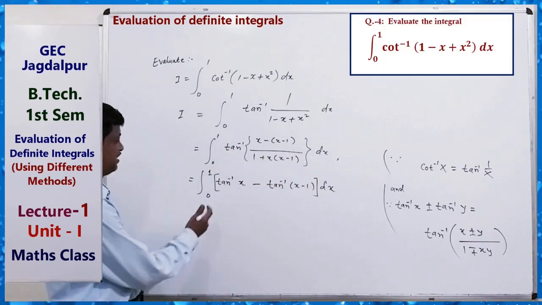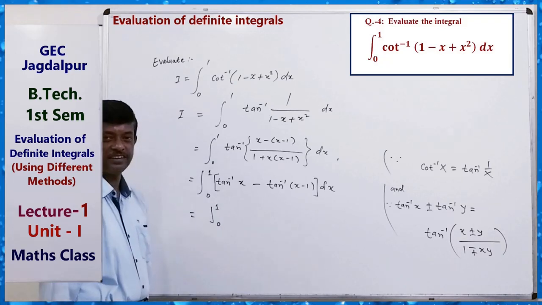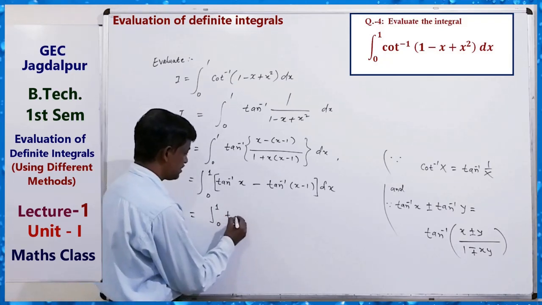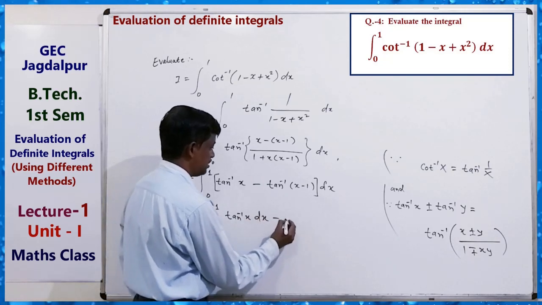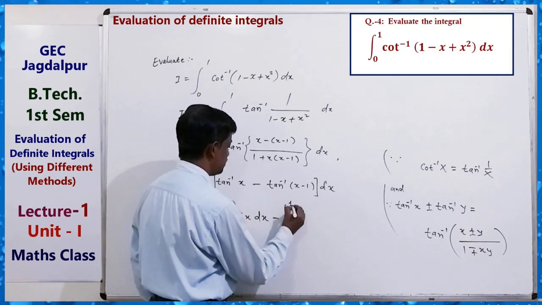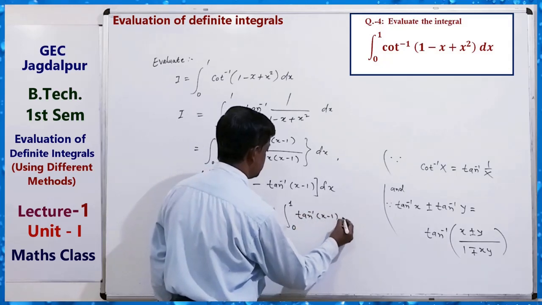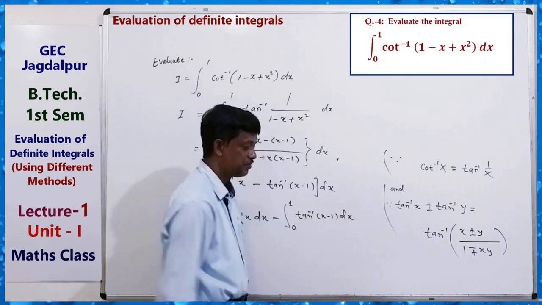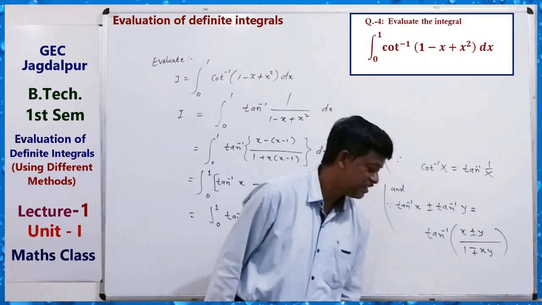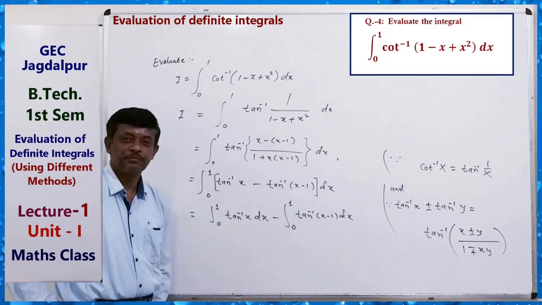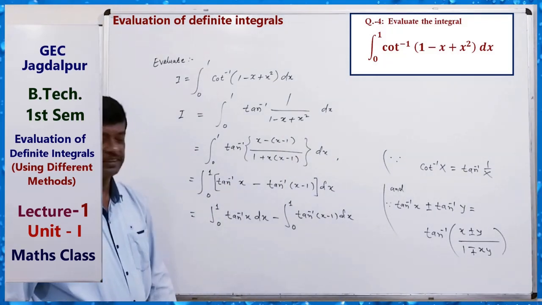Now we can solve it by using the integral from 0 to 1 of tan inverse x dx minus the integral from 0 to 1 of tan inverse of x minus 1 dx. Clear? So how can we solve it now? Here tan inverse x we can solve.